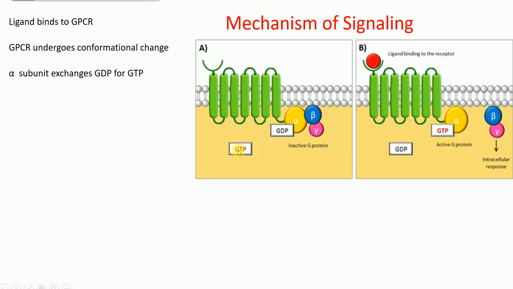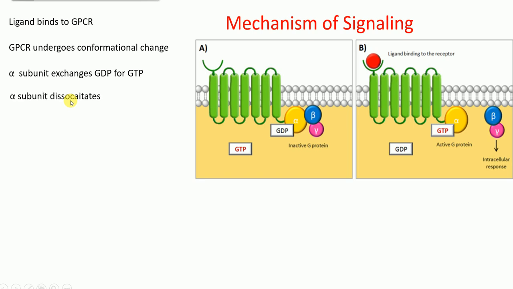In the inactivated state, GDP was associated with the alpha subunit, but in the activated state, the alpha subunit will take GTP and give up GDP. So basically the alpha subunit exchanges GDP for GTP, right? This is what happens when the ligand binds to the GPCR and the GPCR undergoes conformational changes.